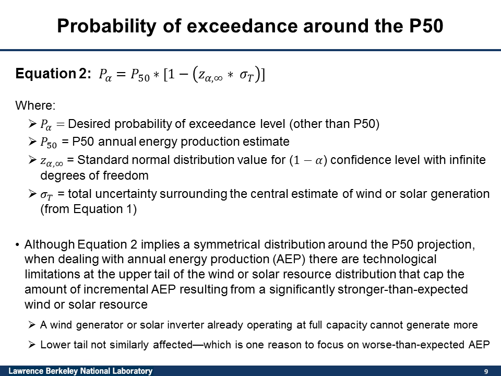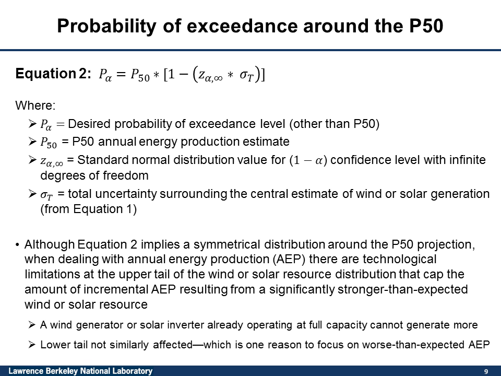The final step is to plug the total uncertainty estimates into equation 2, shown here, in order to derive all other p levels of interest. Now, although equation 2 implies a symmetrical distribution around the P50 estimate, when focusing on annual energy production, it's actually not quite symmetrical, given some technological constraints at the very upper end of the resource distribution.